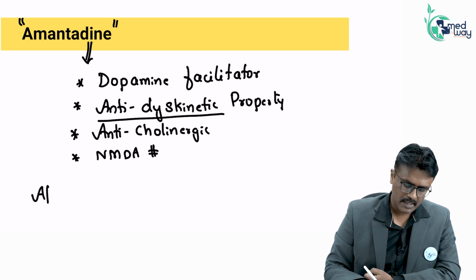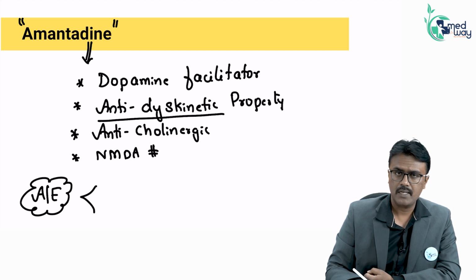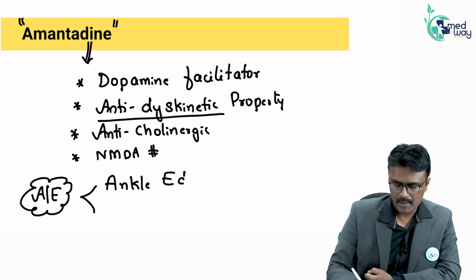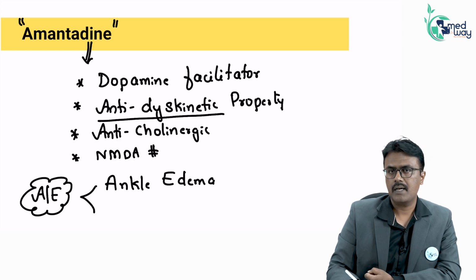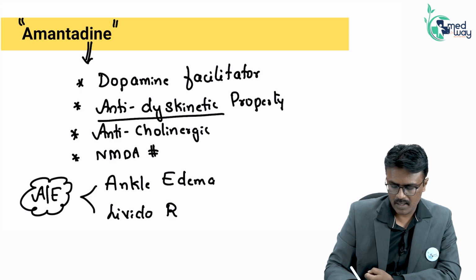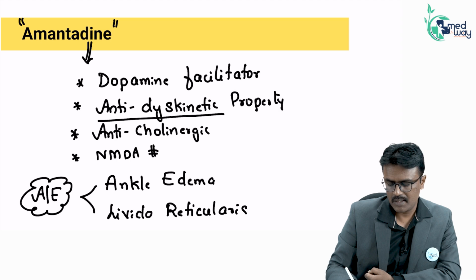But two classical adverse effects that have been shown with amantadine, which can be asked in the exam, is one, it can produce ankle edema, and it can produce a network of blood vessels. It is called livedo reticularis. Particularly this network of blood vessels is seen on the skin.